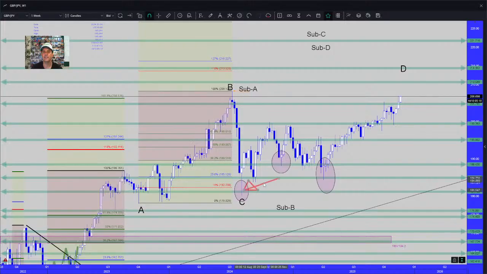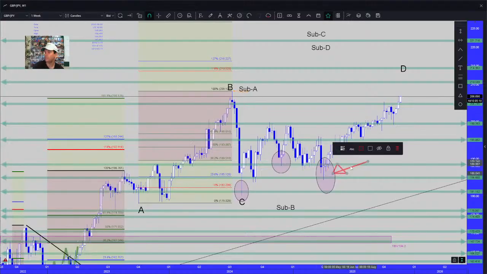First circle, second circle, or third circle? Which one is the sub B? The first, exactly. The first circle is the sub B, everybody.